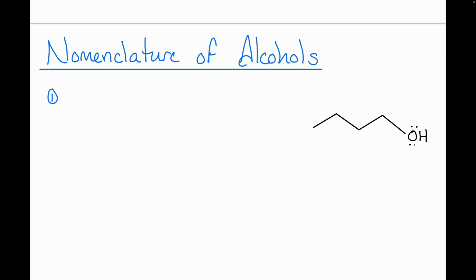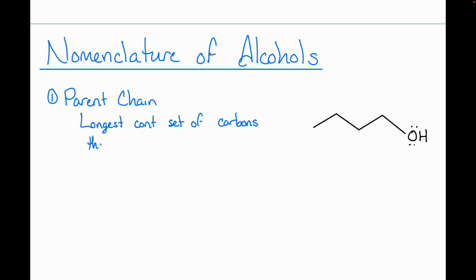Step one is we're going to find and name that parent chain. That's our longest continuous set of carbons. But just like before, we have to make sure that the parent chain contains our functional group.